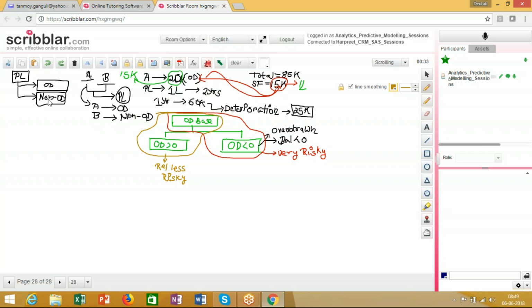The borrowers who have an overdraft balance are relatively more risky than those without, given everything else remains unchanged. So what we need to do over here is check whether this segmentation structure is a stable segment or not.